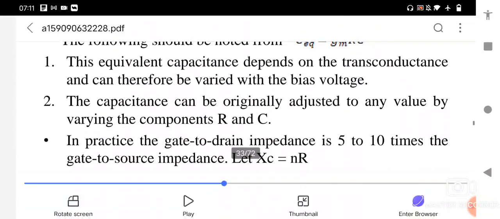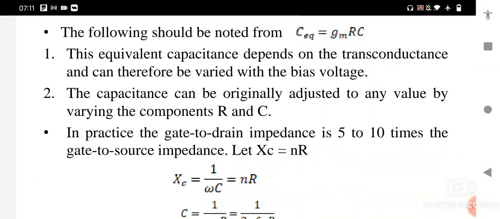The first one is that this equivalent capacitance depends on the transconductance and can therefore be varied with the bias voltage. The second one is that the capacitance can be originally adjusted to any value by varying the components R and C, that is, resistor and capacitor.